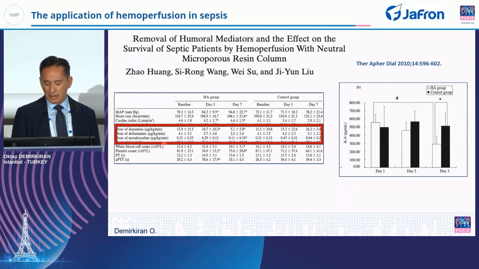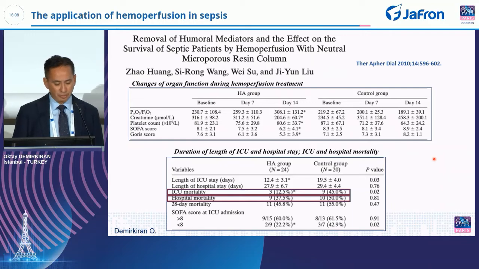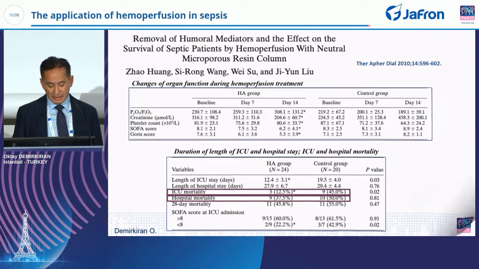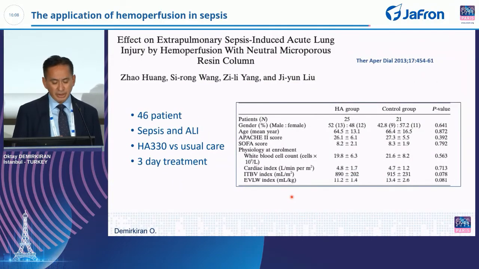And if you look at the IL-6 levels here, IL-6 levels decreased in the HA group, with no significant decrease in the control group. In this study we can also see that ICU mortality is significantly reduced in the HA hemoperfusion group when we compare with the control group, and hospital mortality decreased in the hemoperfusion group.